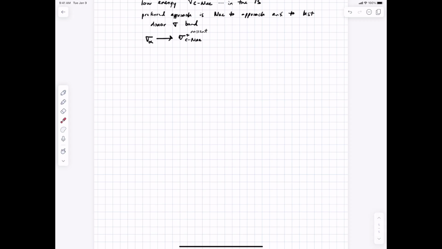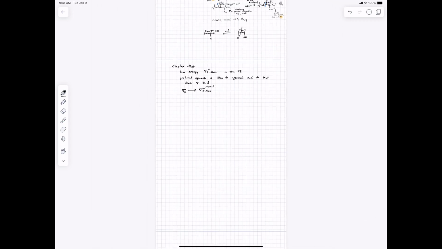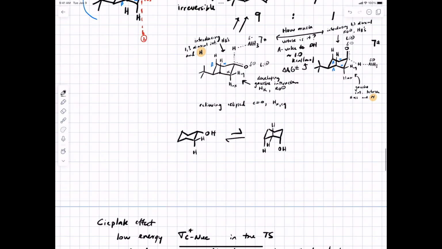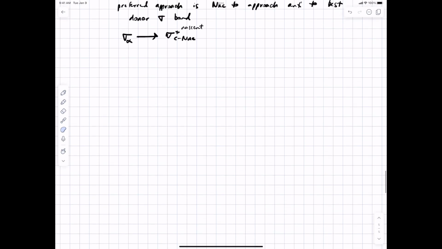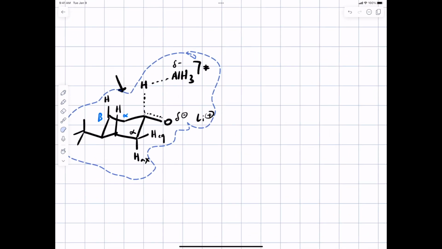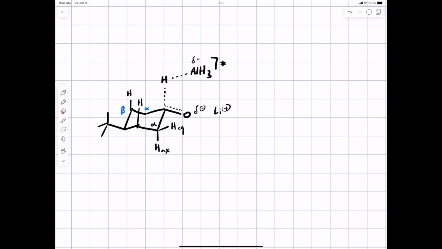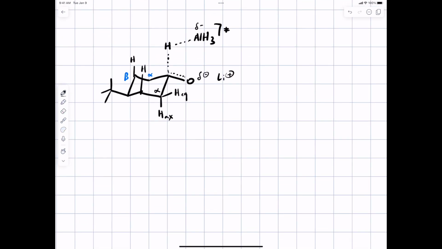So let's look at those two transition states that I drew above. I'm going to try to copy that. And let's consider what's on the alpha carbons as the nucleophile approaches.